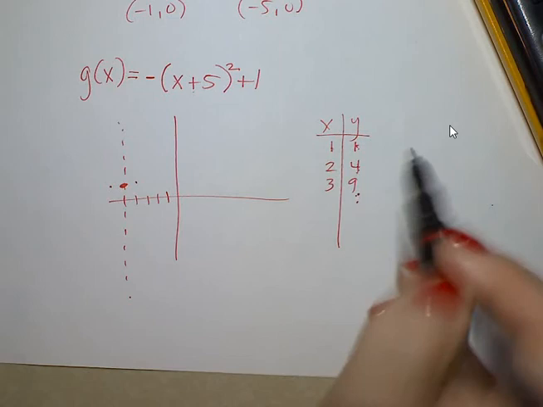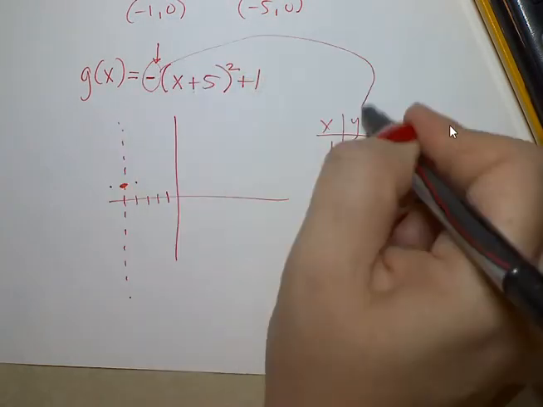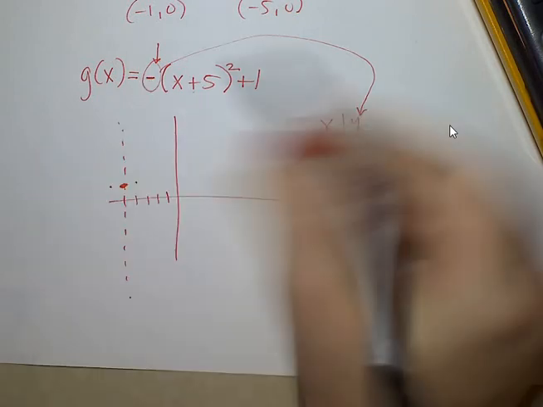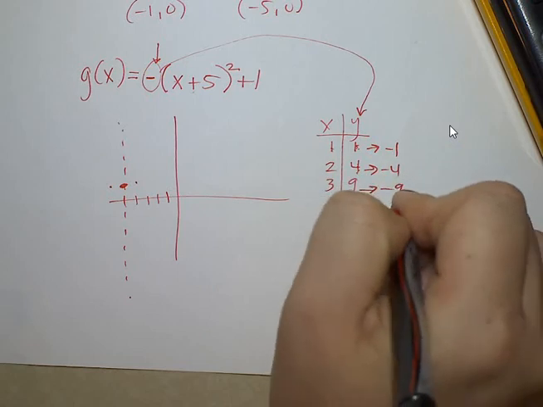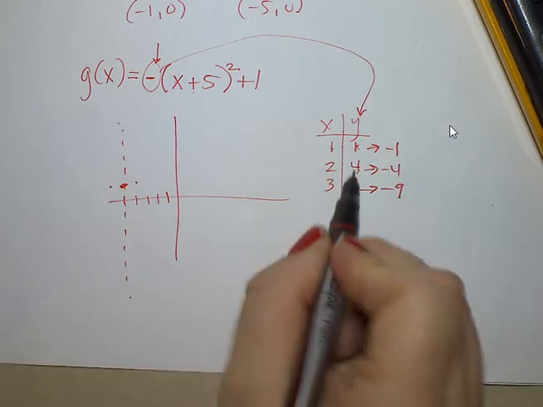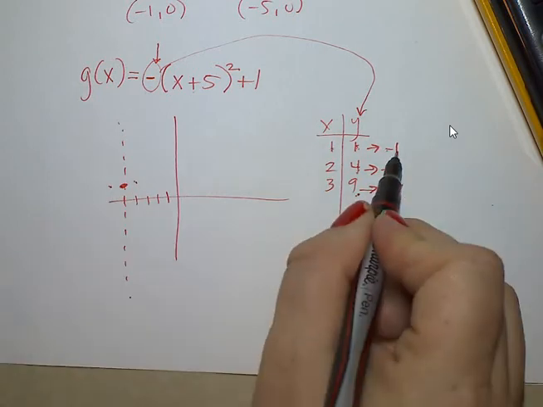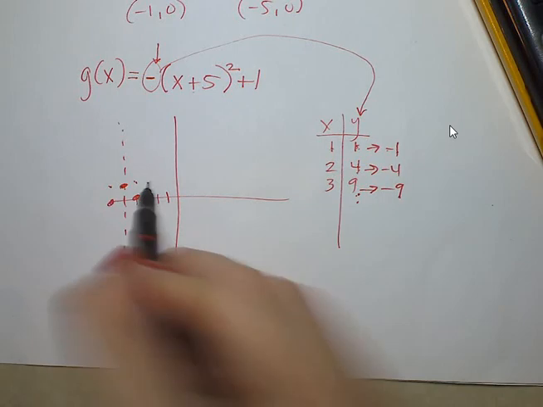But if there is anything in front, it needs to be multiplied first times that y quantity. So now actually 1 times a negative is -1, -4, and -9. So starting from the vertex, I'm going to go right 1 to each side and down 1. And right 2 and down 4.